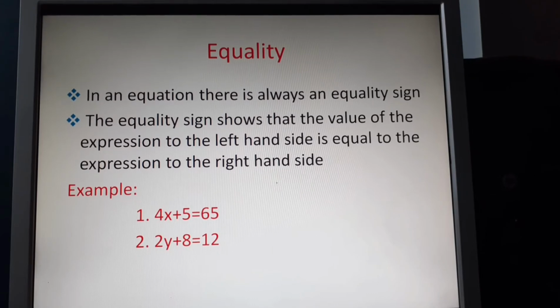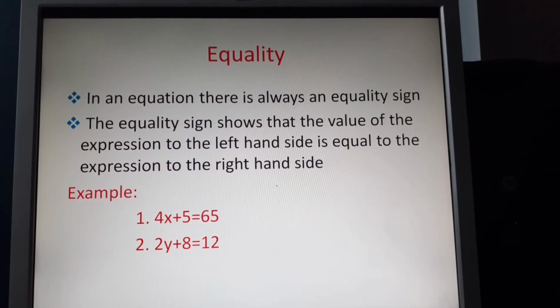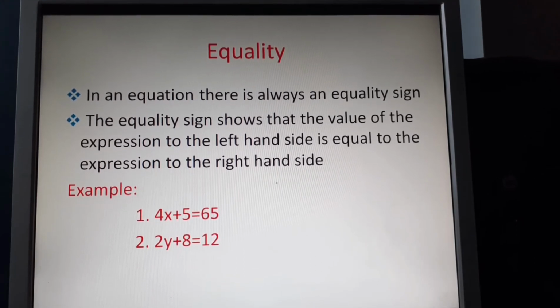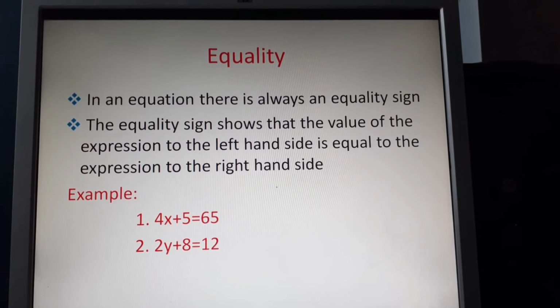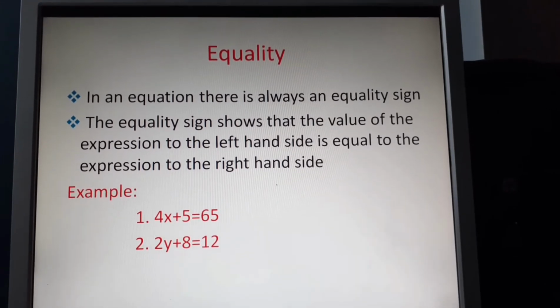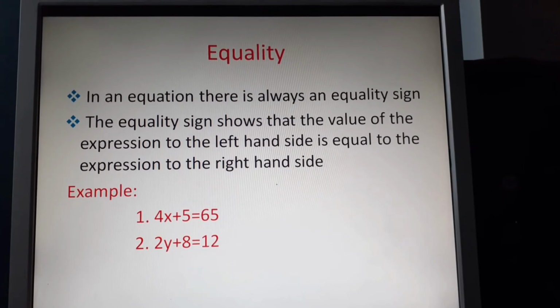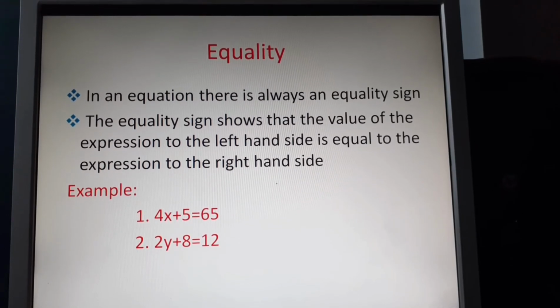See the next example. The given equation is 2y plus 8 is equal to 12. Left hand side of the given equation is 2y plus 8. Right hand side of the equation is 12.